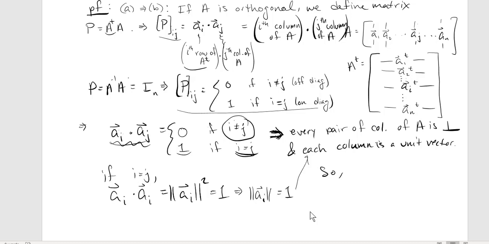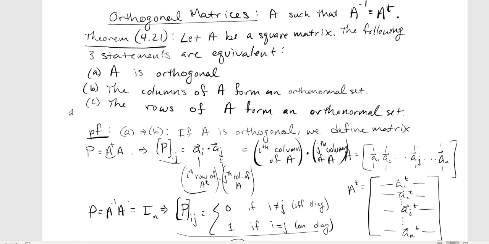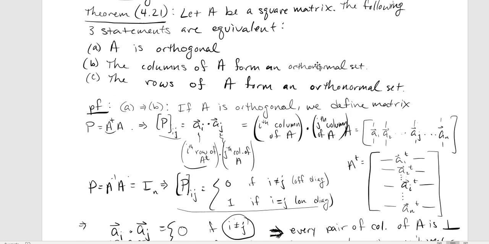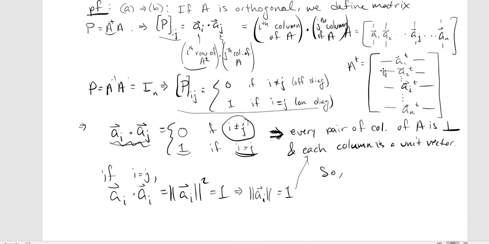So what do we have for our result? That means these columns of A form an orthonormal set. They're all mutually orthogonal and they're all unit vectors.